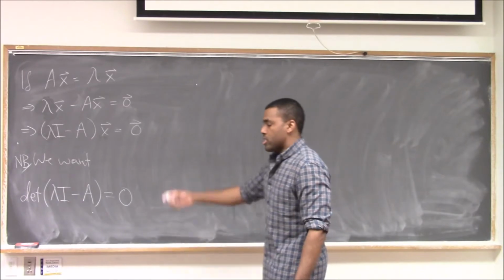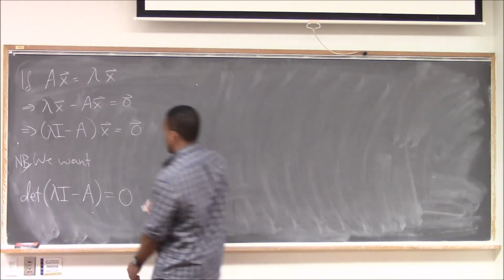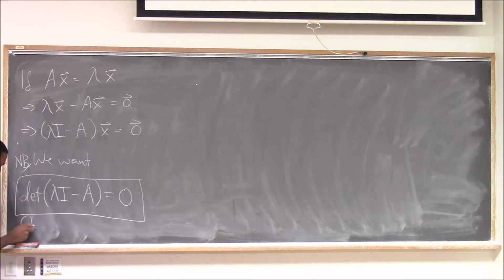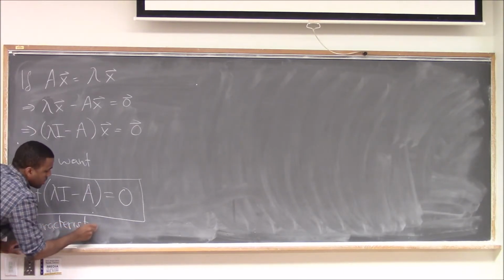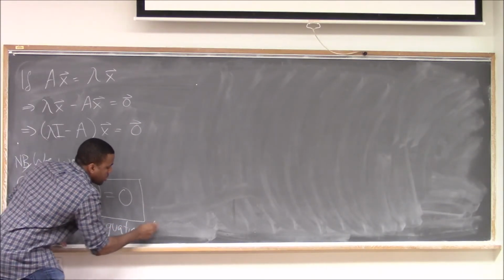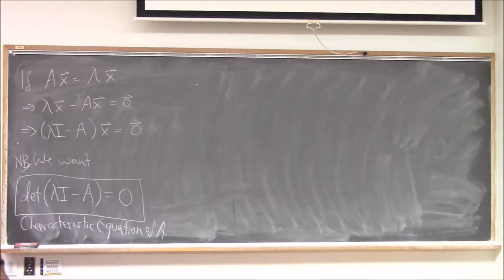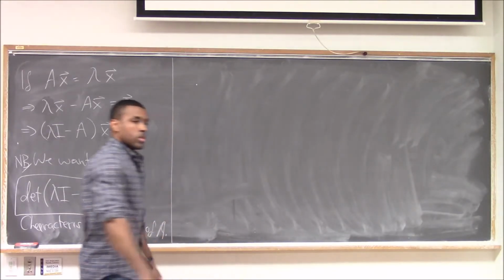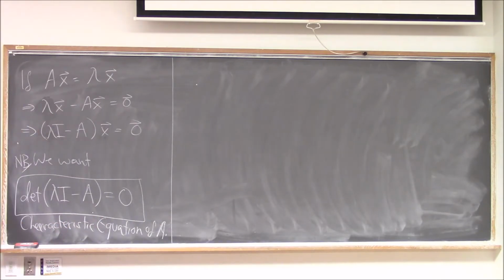So that means this is what we want. This is an important equation. It's called the characteristic equation of A, which might sound familiar to some of you who've taken differential equations, and that's not an accident, by the way.